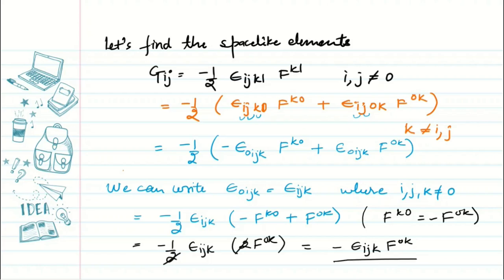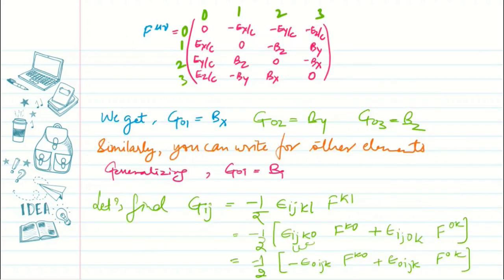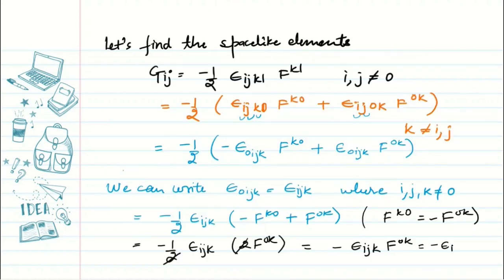We got the generalized equation. These are the F0k elements here, which we can generalize as minus Ek by c. We will get minus epsilon ijk times minus Ek by c. So we get the generalized equation as Gij is equal to epsilon ijk Ek by c. So let's use this and find the elements.